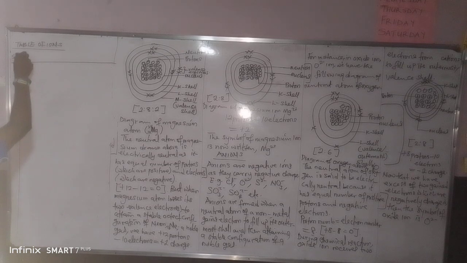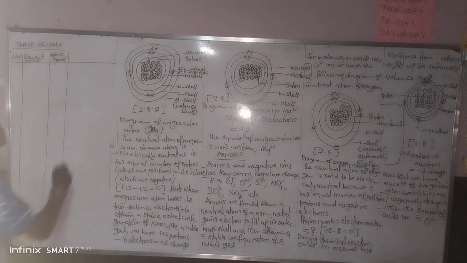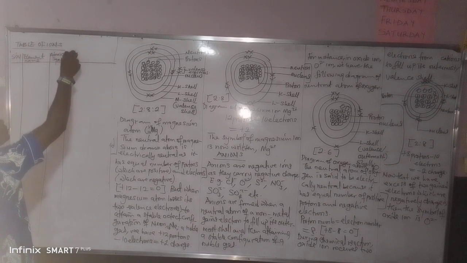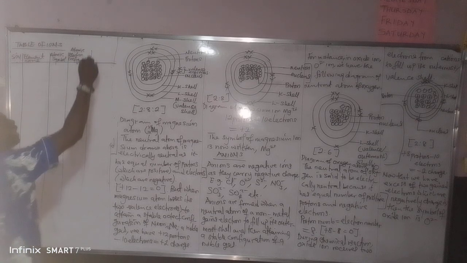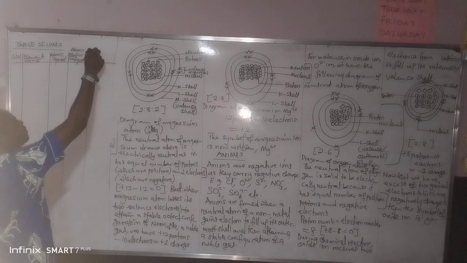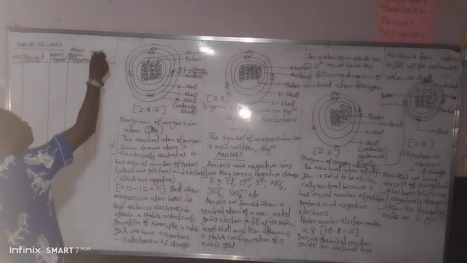Let's look at elements, element name, then element name and symbol, atomic symbol, then atomic electron configuration, then ion, symbol of ion, then electron configuration of ion.